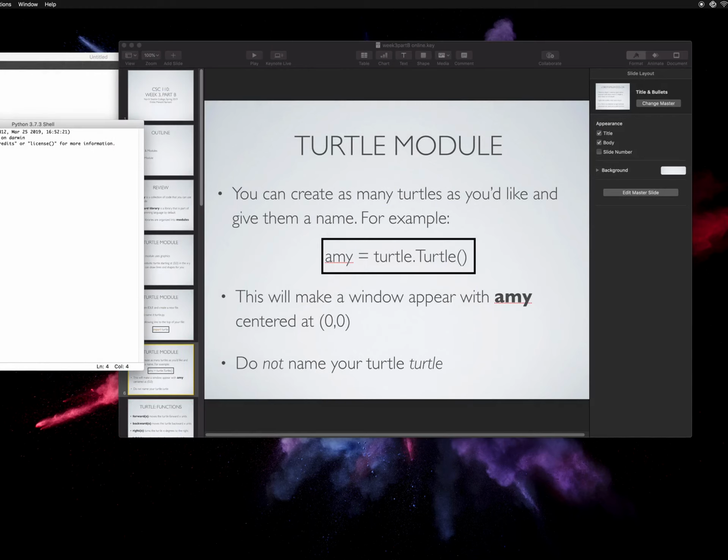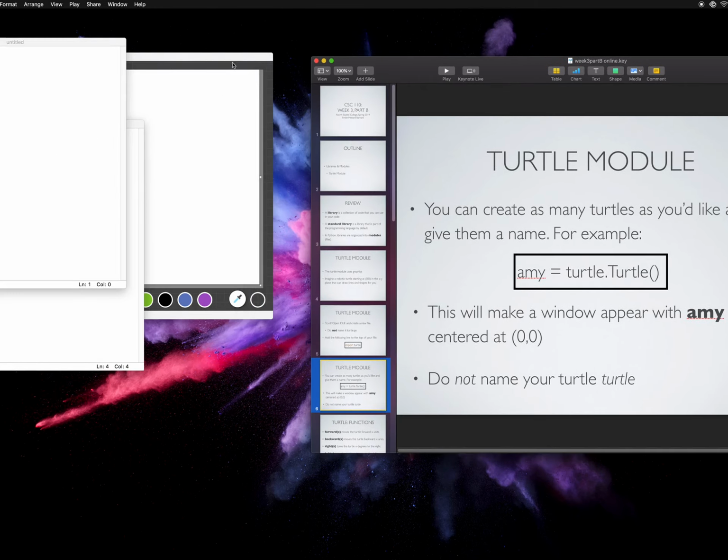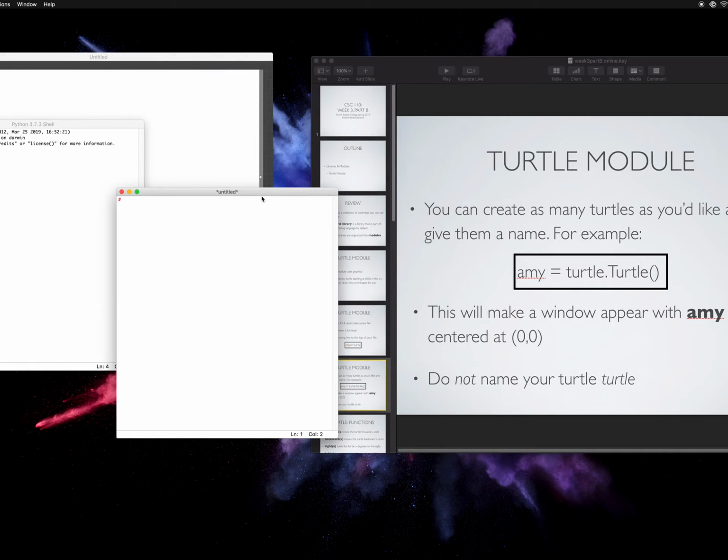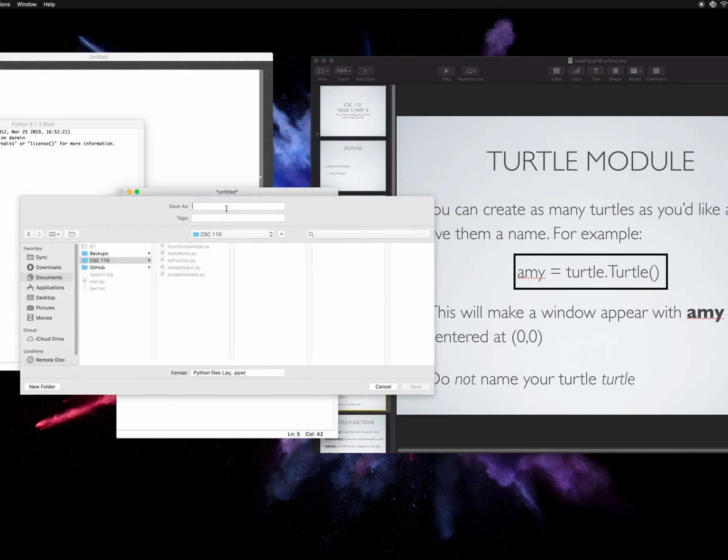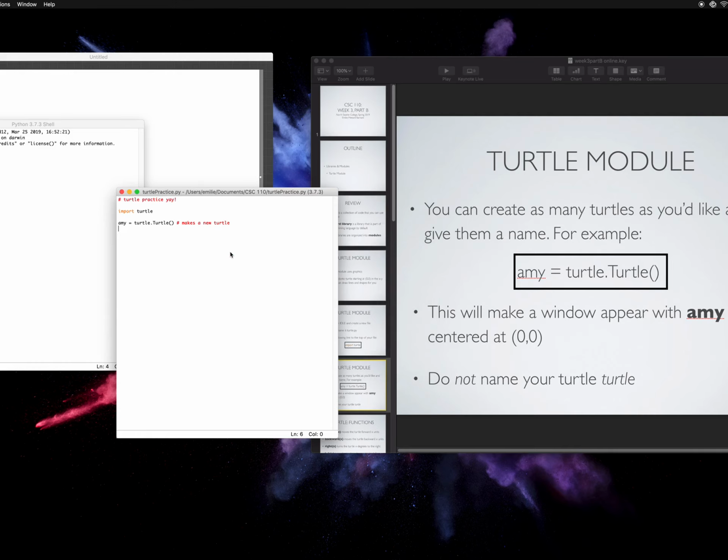So I'm going to make a new file. Turtle practice, yay. Then we'll have our import line, import turtle, and then Amy equals turtle.Turtle. Awesome. That makes a new turtle. Let's go ahead and save it. And when you run this, you'll get a little turtle.